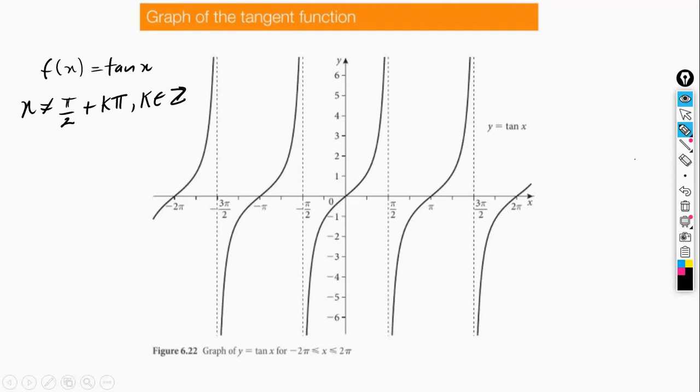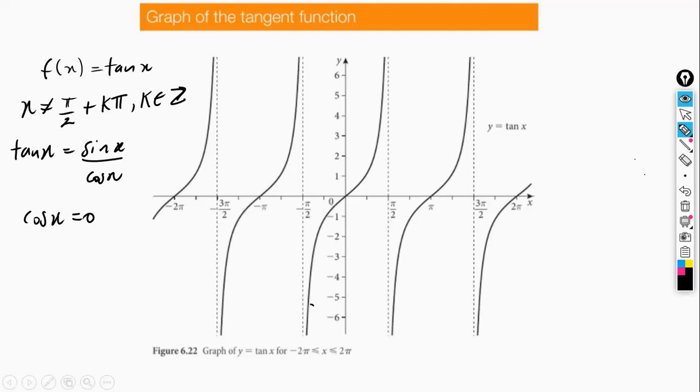Now this makes sense because if you take the identity tangent of x is equal to sine of x over cosine of x, it turns out that whenever cosine of x equals 0, this function will be undefined. And that occurs for values of x that differ by pi. So as x approaches the values where cosine of x equals 0, the value of tangent of x will become very large, either very large negative or very large positive.